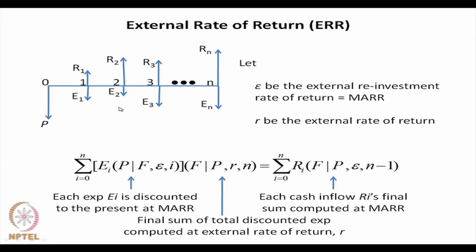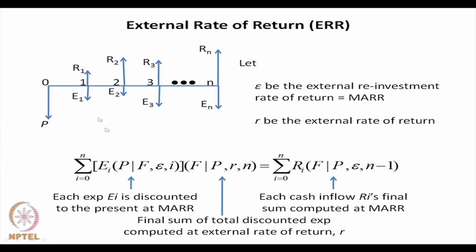So, first of all they are all discounted to the present. That is what is done here. Each Ei is discounted to the present.